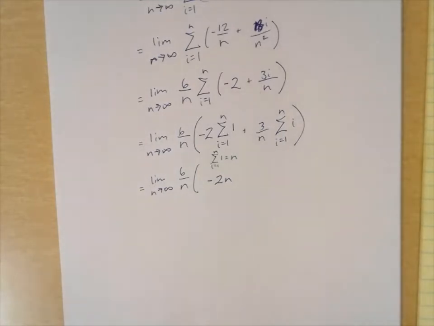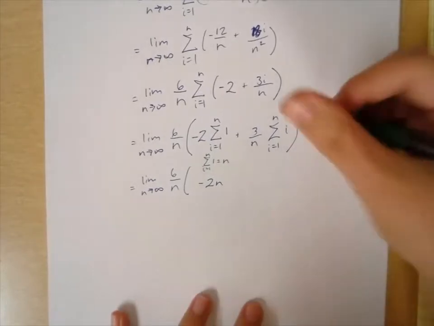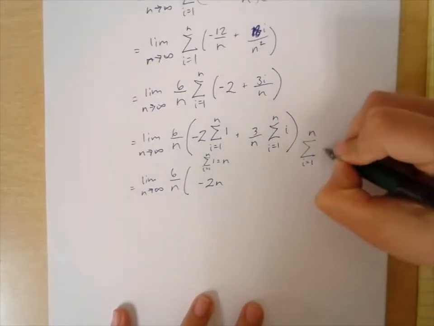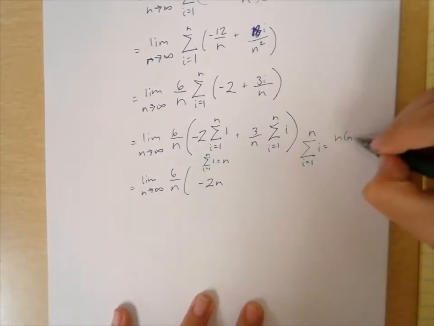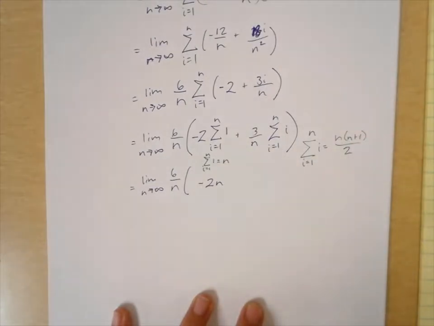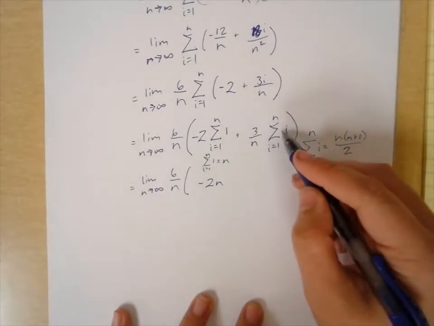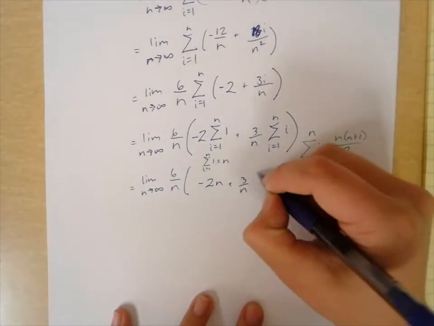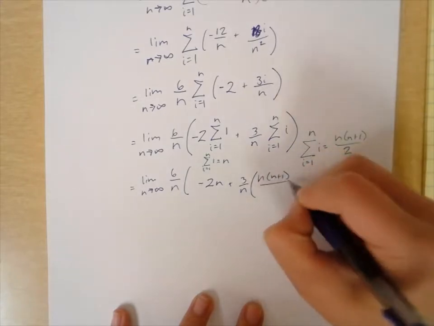And then recall that you also have another property you can use here. The summation of i is n outside n plus 1 over 2. And so I'm going to throw that in here for this piece instead of writing the summation. So I'm going to say plus 3 over n outside all of this stuff. n outside n plus 1 over 2.